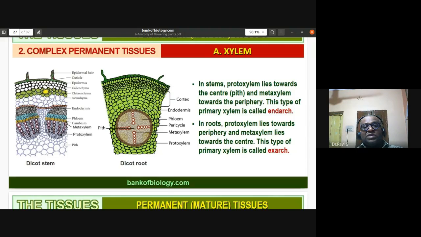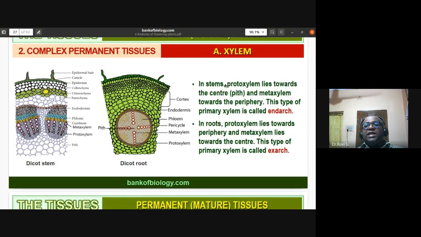If protoxylem is towards the internal, endarch. So dicot root and monocot root are the only plants where they exhibit this exarch, where the first formed elements, protoxylem, are towards the periphery, and later formed elements with large lumen, that is the metaxylem, are found towards the pith.